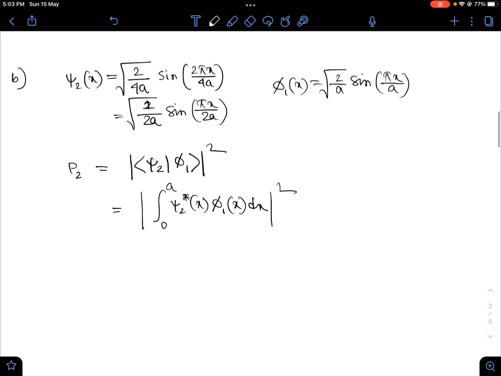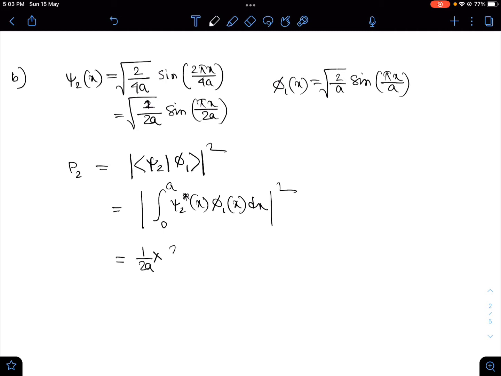So psi 2 and psi 1, this will give us like 1 by 2a multiplied with 2 by a, and in the integration we have 0 to a sine pi x by 2a multiplied with sine pi x by a, this squared, and we have to take its square root.